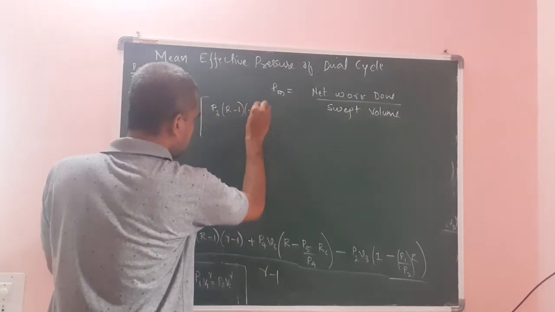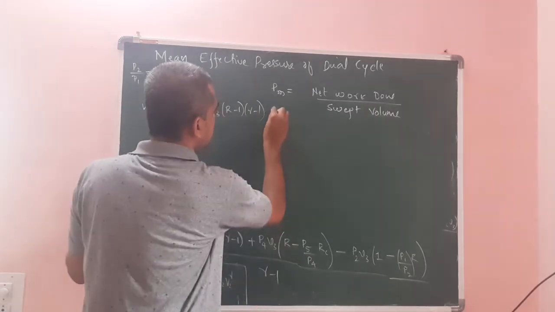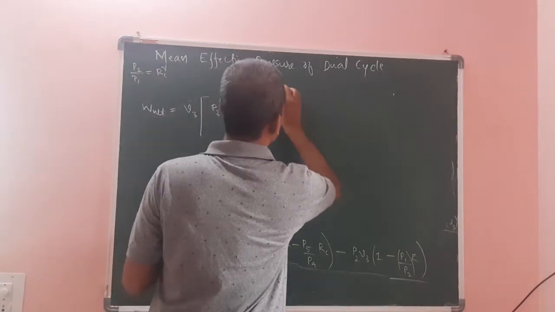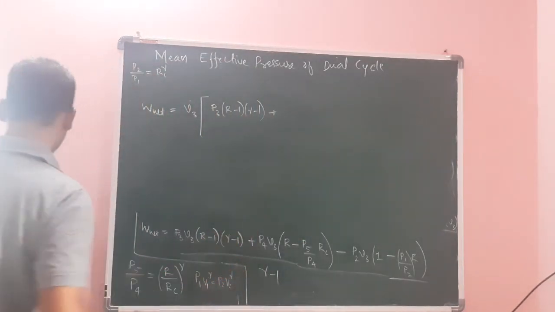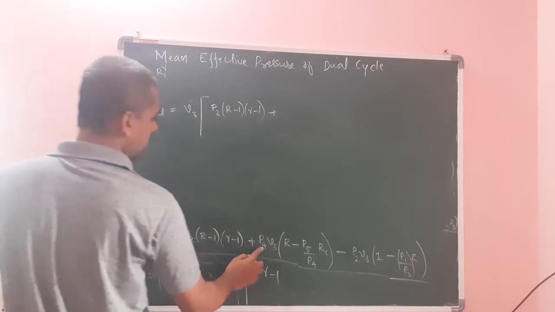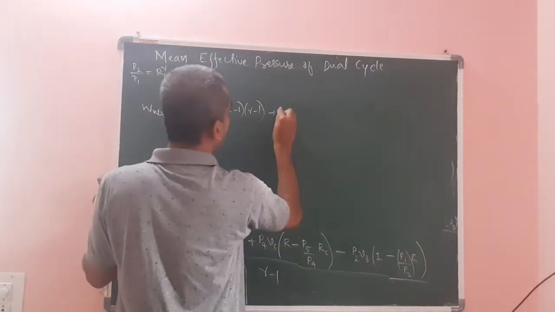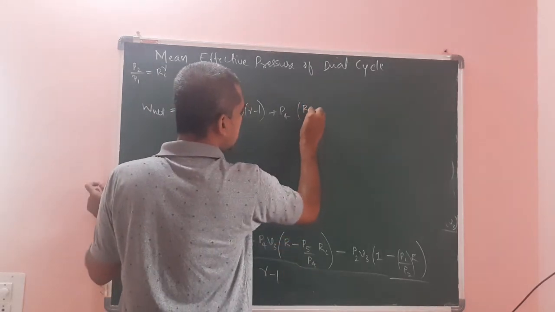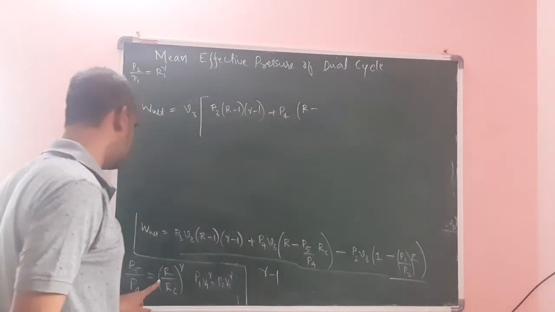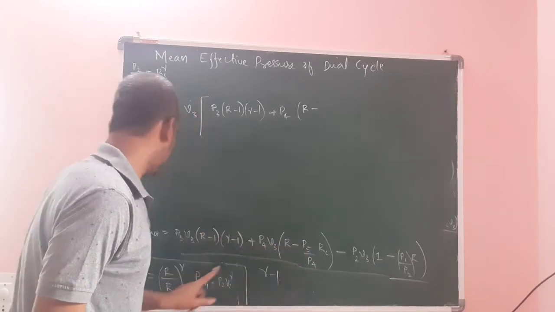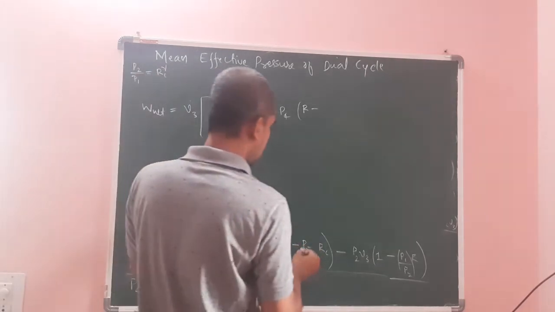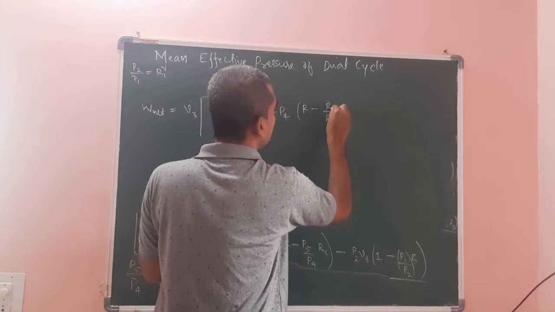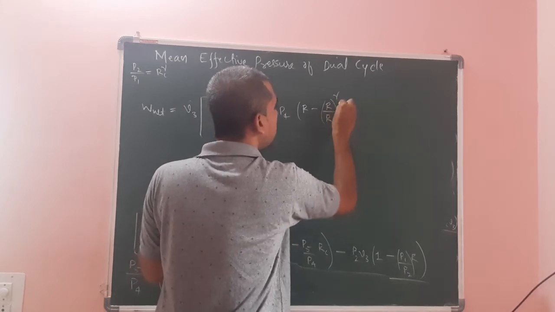into gamma minus 1. Okay, this term plus, I will drop this one also, plus P4 into P3 we have taken common, R minus of, just now we have calculated what is P5 by P4, R divided by RC raised to gamma, R divided by RC raised to gamma into RC.